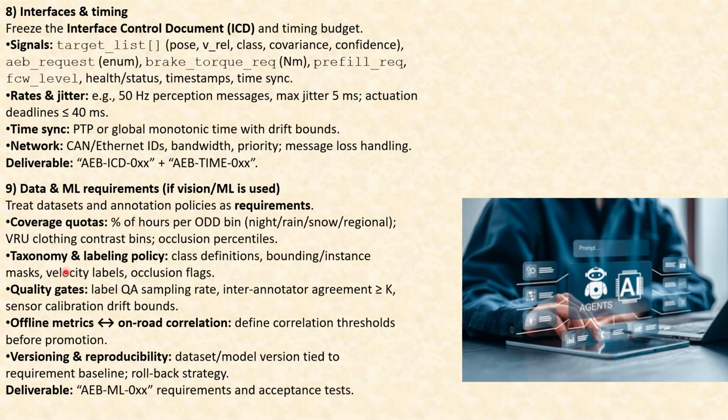Now, when it comes to taxonomy and labeling policy: class definitions, bounding boxes, instance masks, velocity labels, occlusion flags. These are the various taxonomy and labeling policies that must be encompassed. And quality gates encompass the label QA sampling rate and the inter-annotator agreement, for example, a minimum limit called K, and sensor calibration drift bounds.